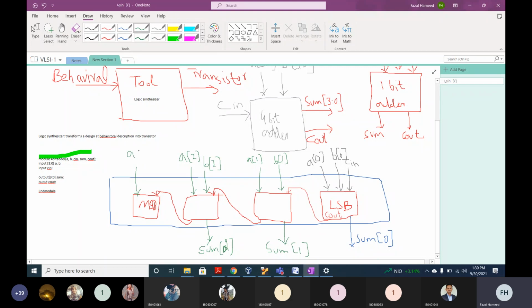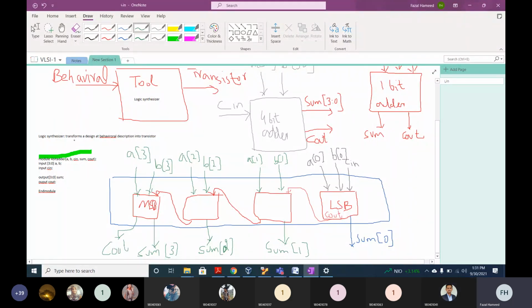Now the input to this will be A3 and B3, and the output will be sum 3. And now it is the final C out, because there is no further stage.